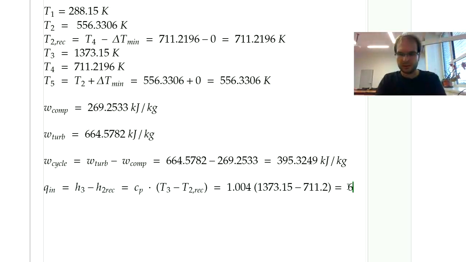And the result is 664.578 kilojoules per kilogram.